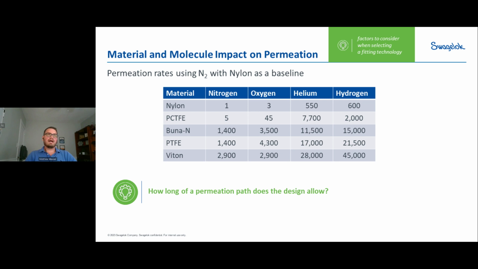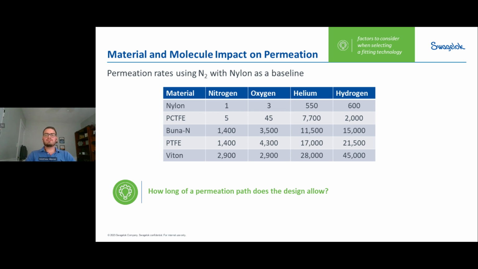With how these affect permeation, think about if you have hydrogen with nylon, it's going to go 600 units faster than if it was a nitrogen gas. And that really matters when we're talking about how long it's going to take for you to lose gas through your material.